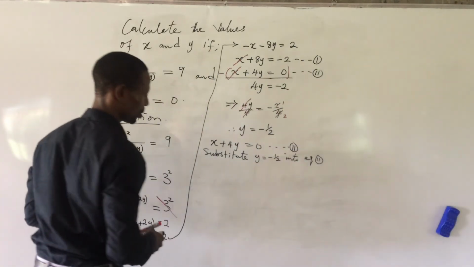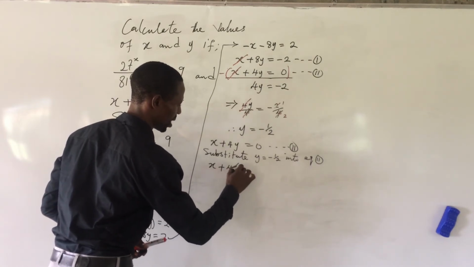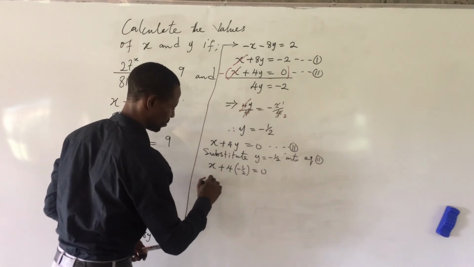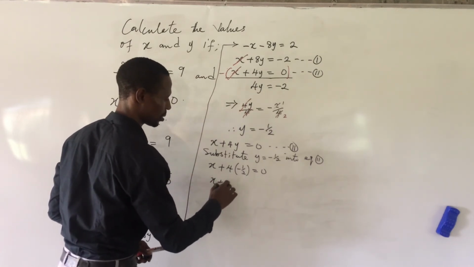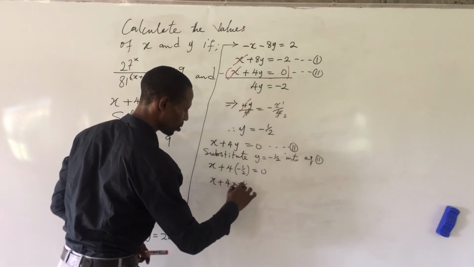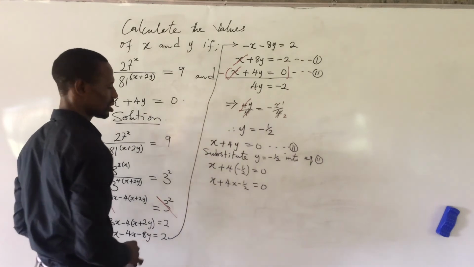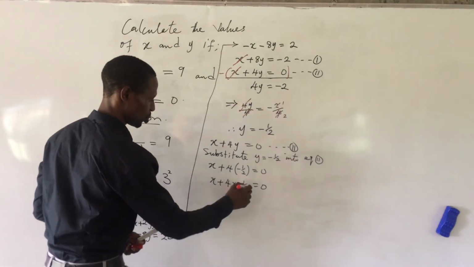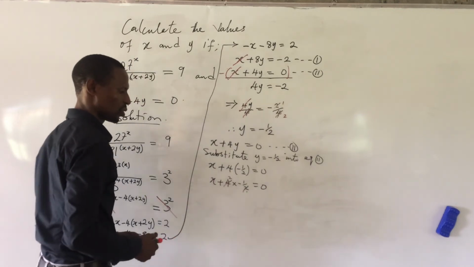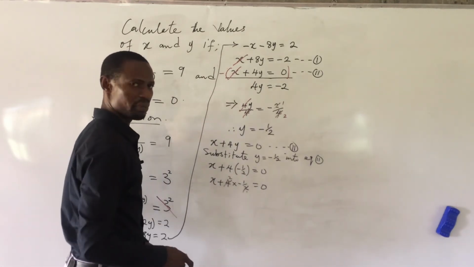So from our equation 2, this will now give us x plus 4 bracket minus 1 all over 2 equals 0. So we now have x plus 4 times minus 1 all over 2 equals 0. From here, we can now strike out: here 2, here 1, 2 here will give us 2. So we are now left with 2 times minus 1.